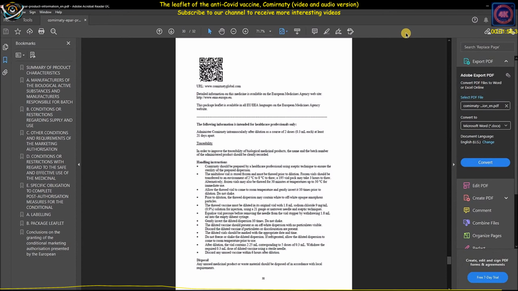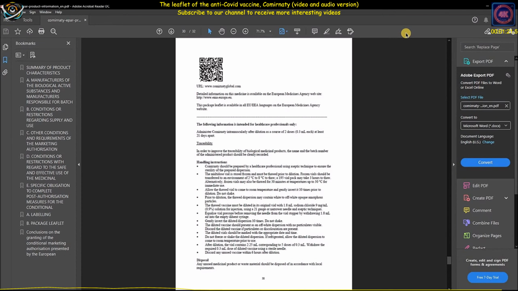The thawed vaccine must be diluted in its original vial with 1.8 ml sodium chloride 9 mg/ml (0.9%) solution for injection, using a 21 gauge or narrower needle and aseptic techniques. Equalize vial pressure before removing the needle from the vial stopper by withdrawing 1.8 ml air into the empty diluent syringe. Gently invert the diluted dispersion 10 times. Do not shake. The diluted vaccine should present as an off-white dispersion with no particulates visible.